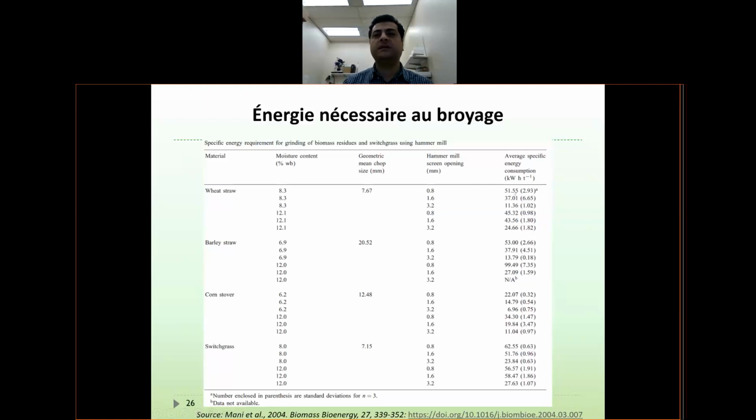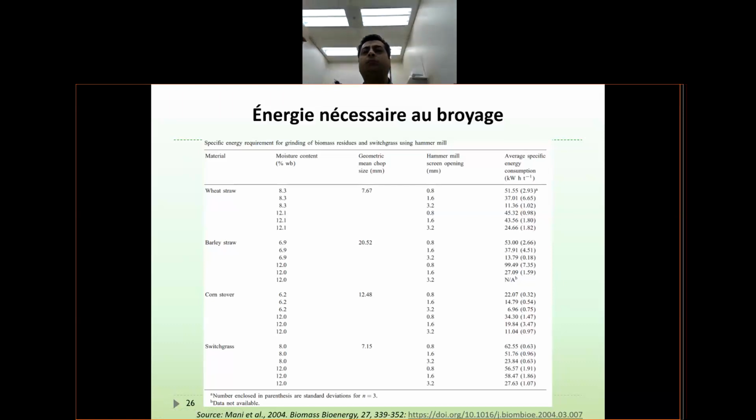Another type of biomass drying is séchoir à bande, or drying on a carrier, for example. As you see, this is on a conveyor. This is a conveyor that is carrying the biomass horizontally.